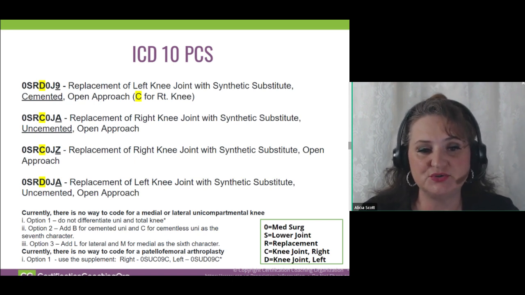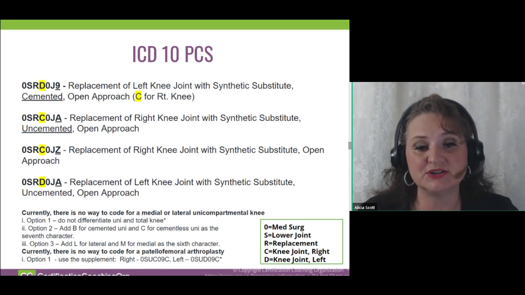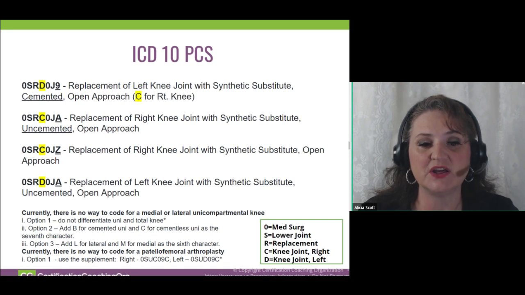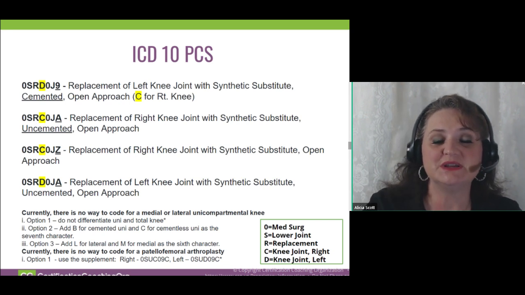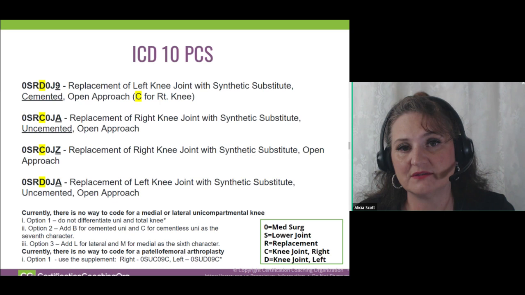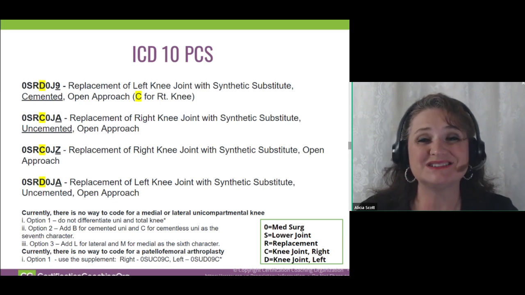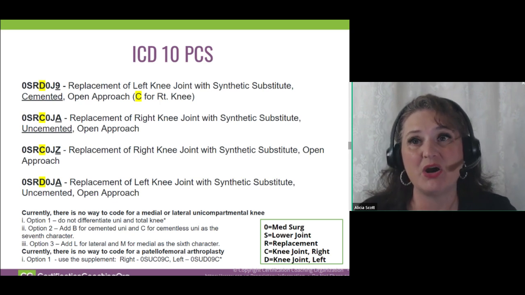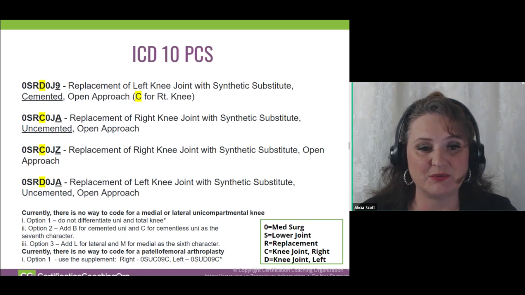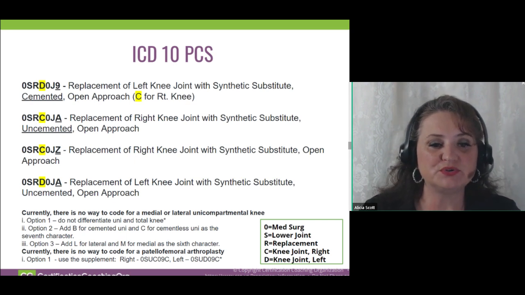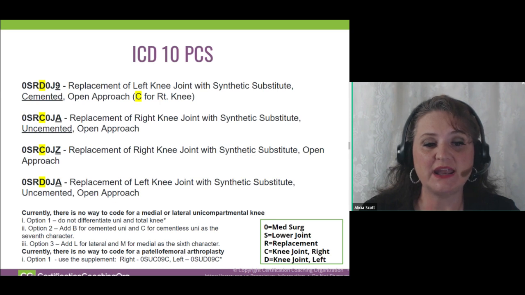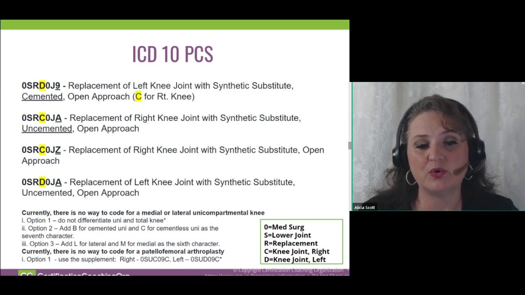And then it says option 2, you can add B for cemented uni, C for cementless uni, of the 7th character. In other words, what if you cement one knee and you don't the other, right? And you're doing both knees? Because some people do get their knees replaced at the same time. Wow, I think that would be incredibly painful. Open approach, or option 3, add L for lateral and M for medial for the 6th character.